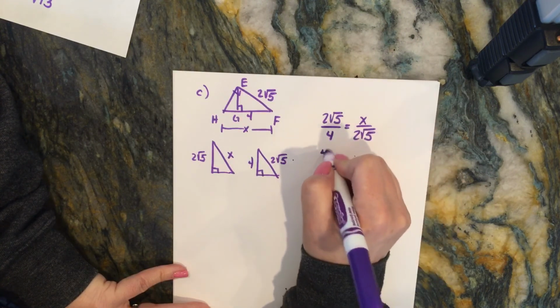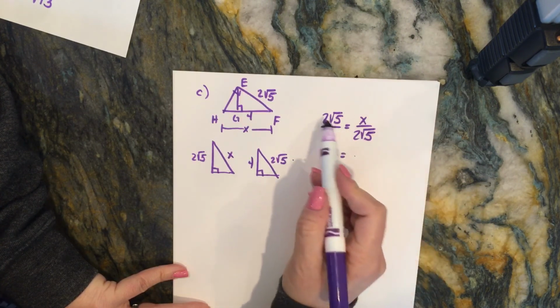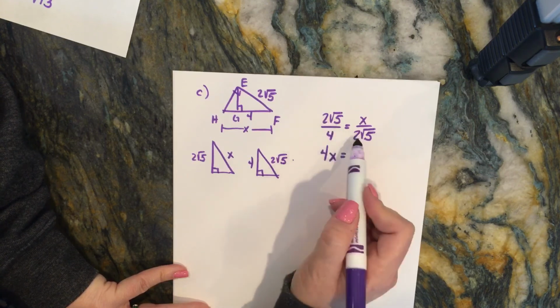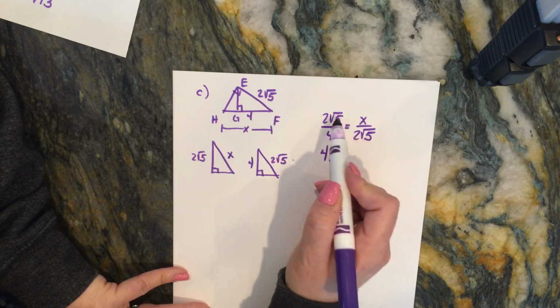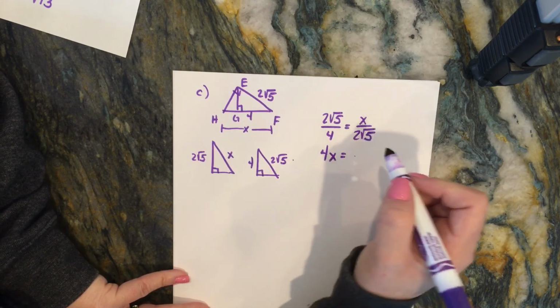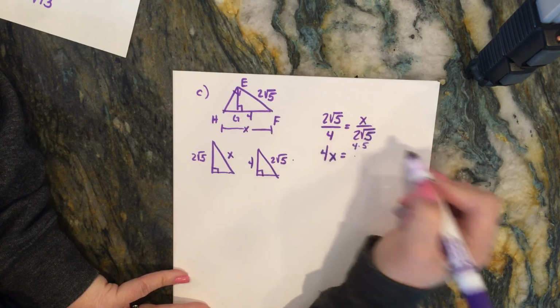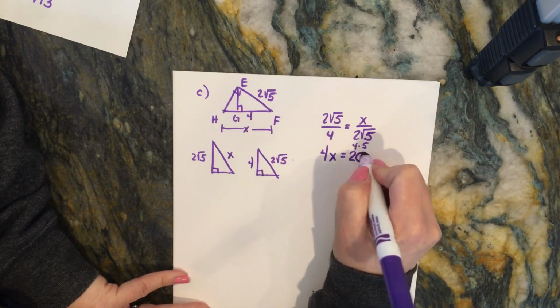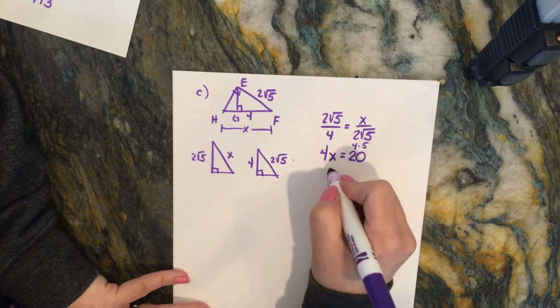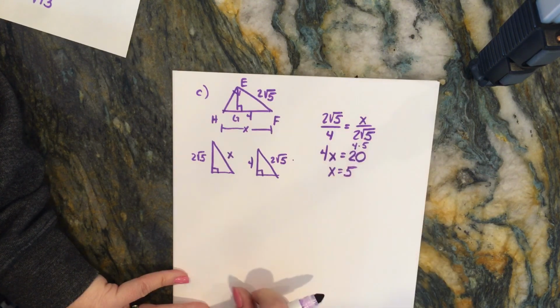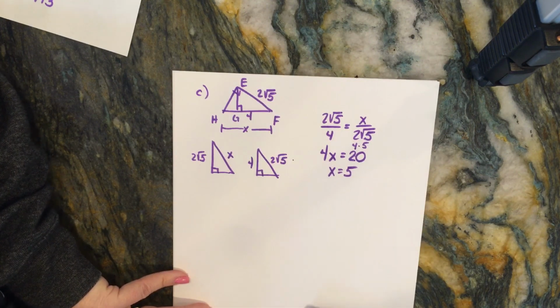Cross multiplying, 4x equals, now let's remember how to do this. 2 times 2 is 4. Square root 5 times square root 5 is just 5. So we get 4 times 5 when we do that, which is 20. So x equals 5. There's problem number 1. All done.